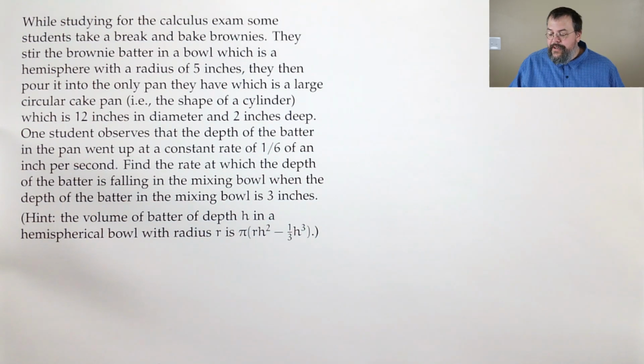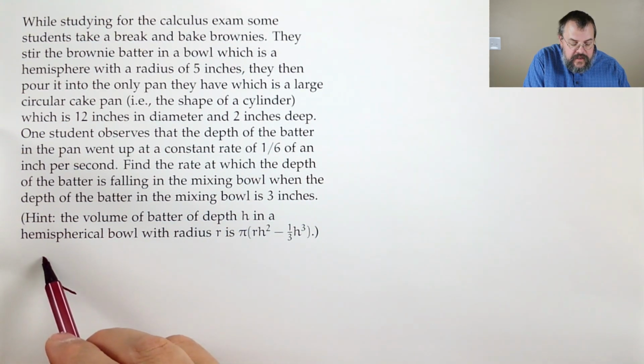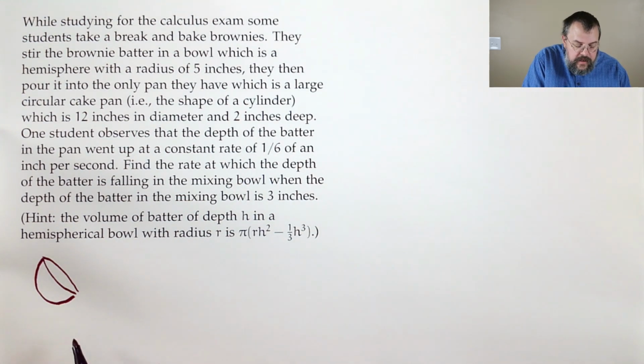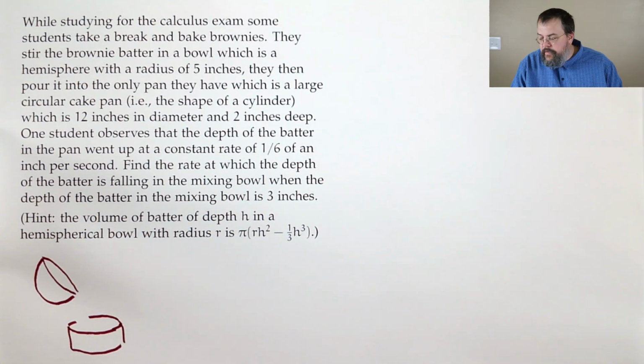Okay, so here's sort of the picture to have in mind. We have a mixing bowl that we're currently pouring. It's sort of turned sideways, and it's a hemisphere, which means it's half a sphere. And then below, we have a little cylinder here that we're currently filling up.